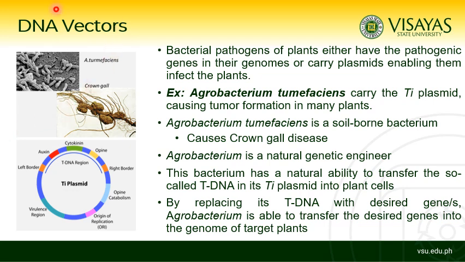Then the Agrobacterium will now be able to transfer the desired gene into the genome of a target plant. So, remove their natural tDNA region, replace it with our gene of interest, and then Agrobacterium will take care of transferring our gene of interest to the host plant or the host cell. That is also by the help of their vir genes.